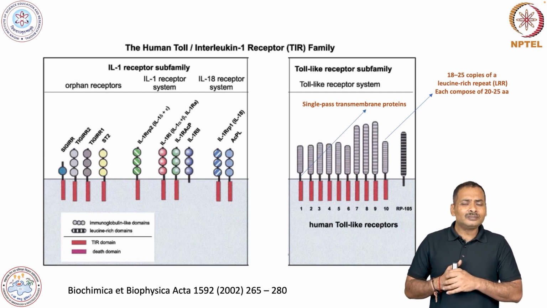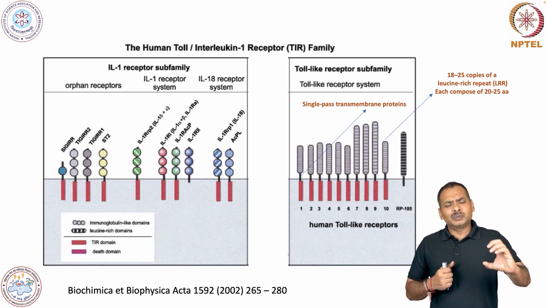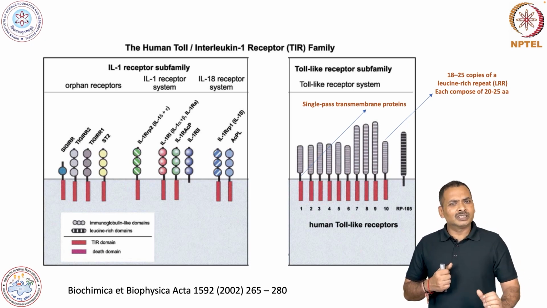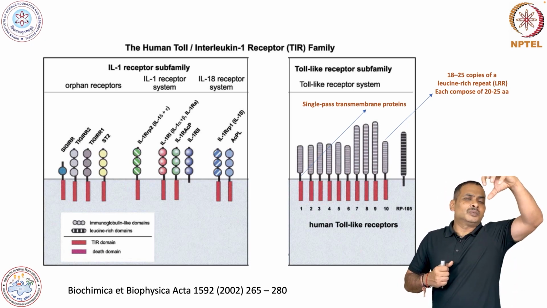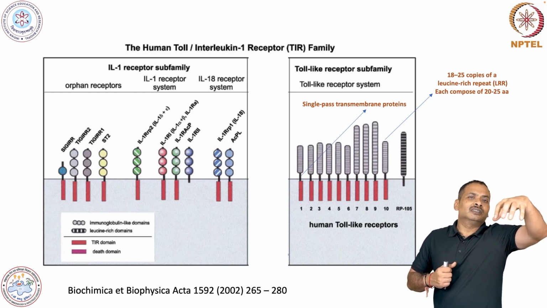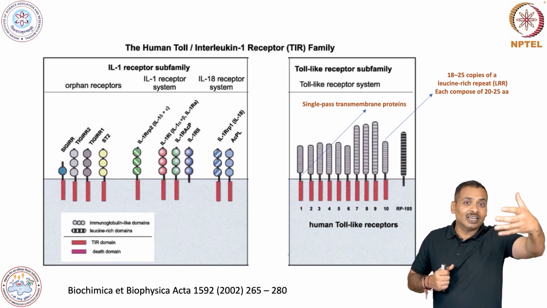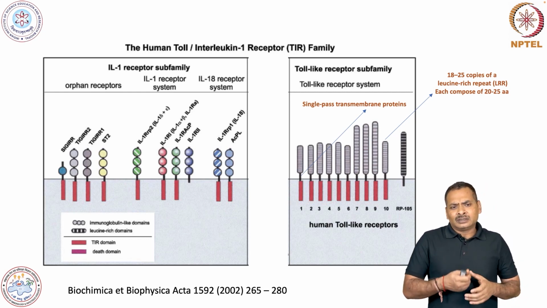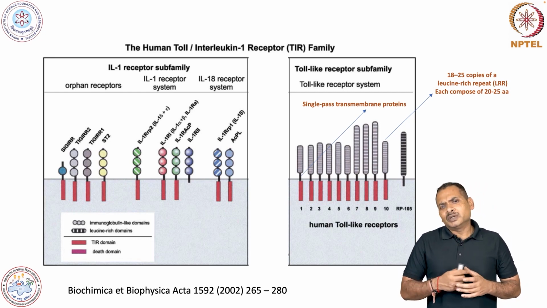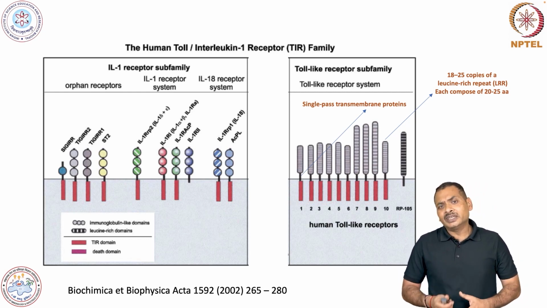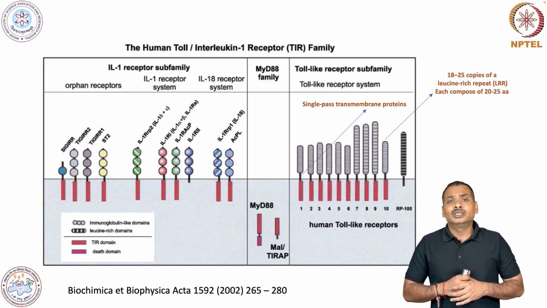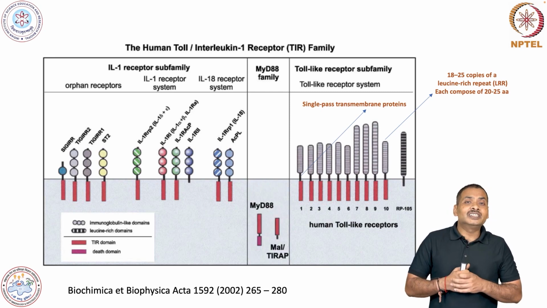Okay, which is playing a very important role in downstream signaling upon binding with the respective ligand, that is IL-1 or IL-18. So this TIR domain is playing a very important role in downstream signaling, and this TIR domain is also present in some of the adapter molecules of TLR.